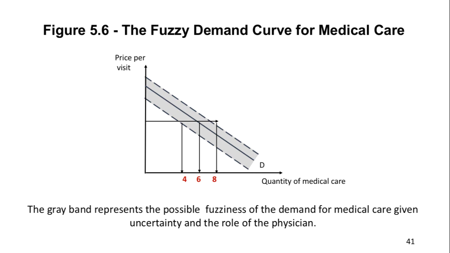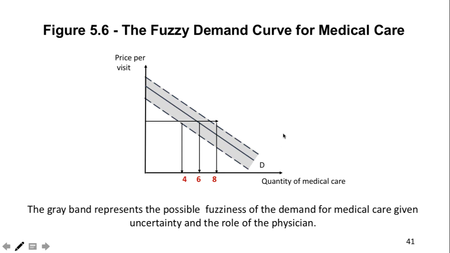So we don't have a regular clear demand curve. We have a fuzzy demand curve, and the gray band represents the possible fuzziness of the demand for medical care given uncertainty and the role of physicians.